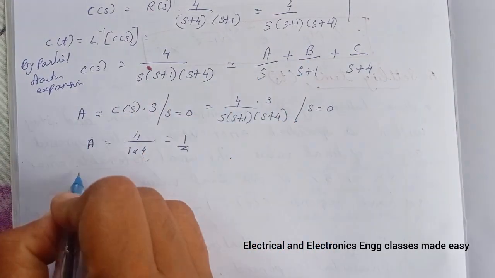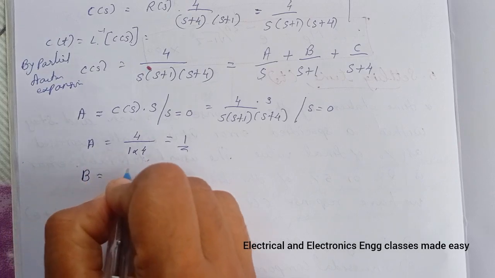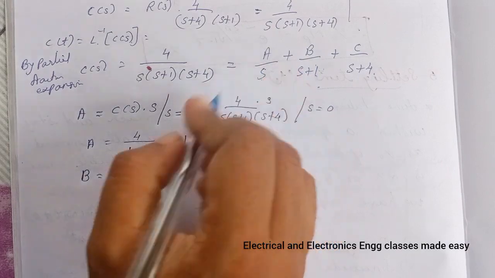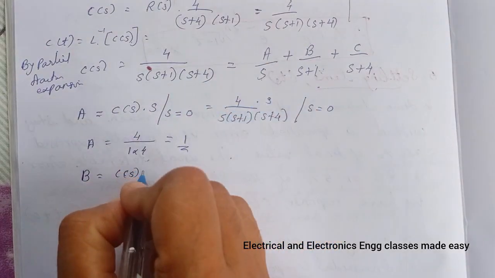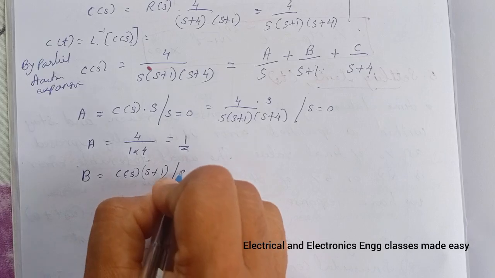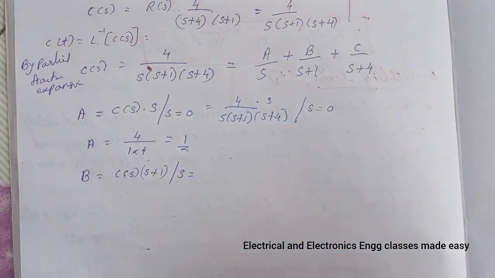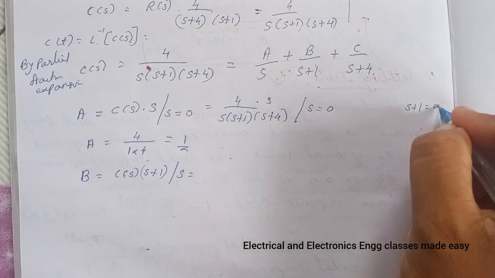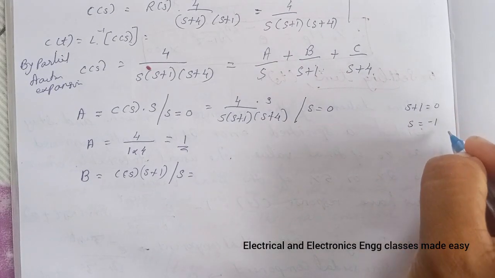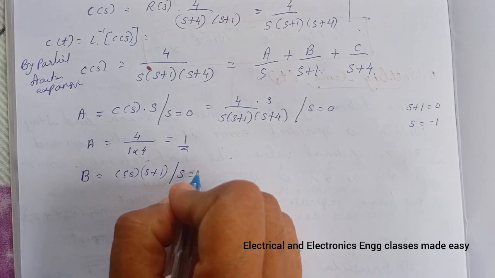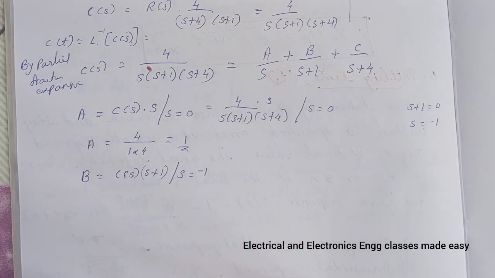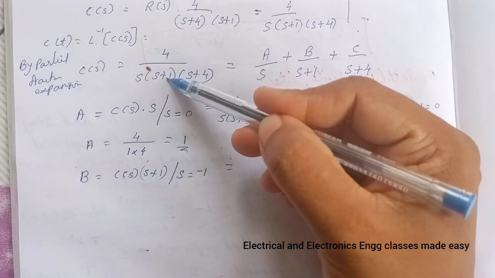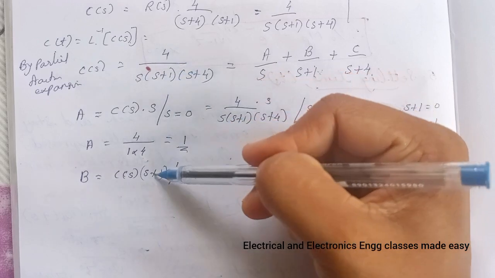Now we have to find the value of B. So to get the value of B, C(s) into multiply with the denominator of this B value, that is (s plus 1), and here equate the denominator to 0. That means s plus 1 is equal to 0. So find the value of s, that is s equal to minus 1. So at s equal to minus 1, multiplying with (s plus 1), this (s plus 1) gets cancelled.